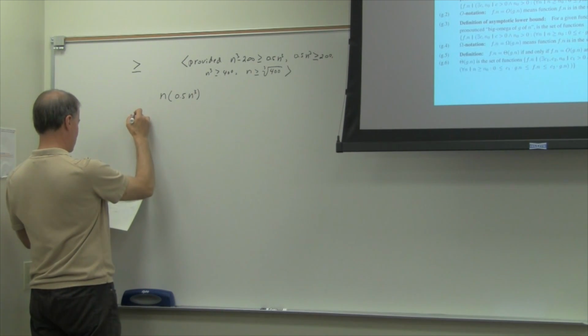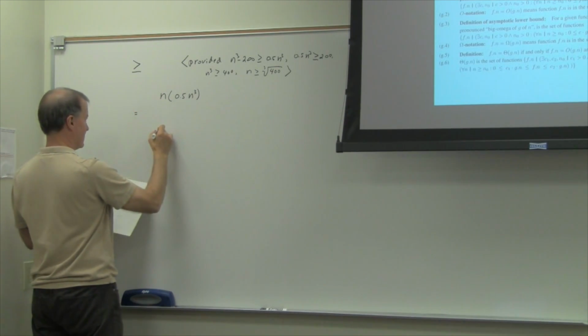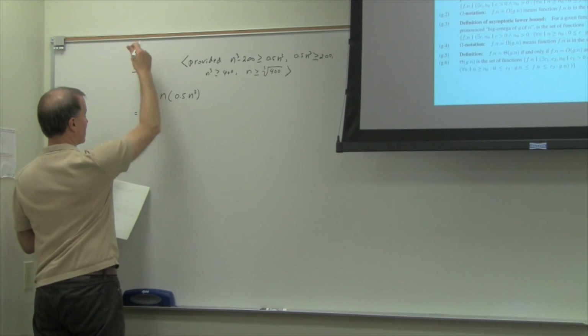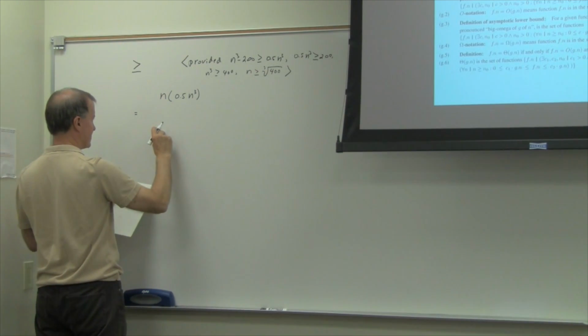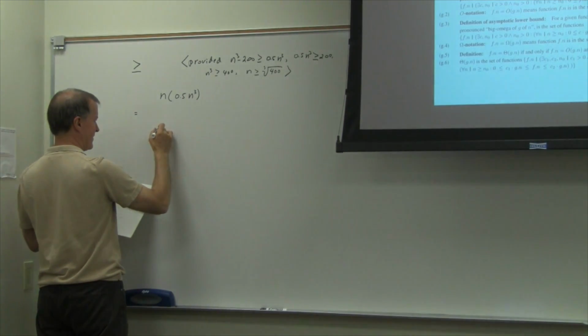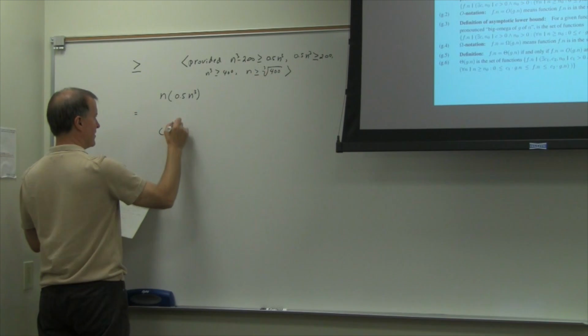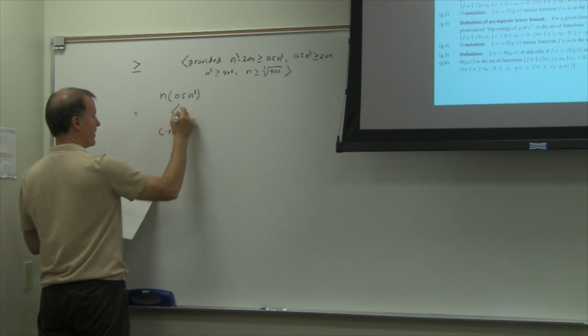This equals what? What do we want to get this eventually down to? C times n to the fourth, right? But now it'll be this provided what?